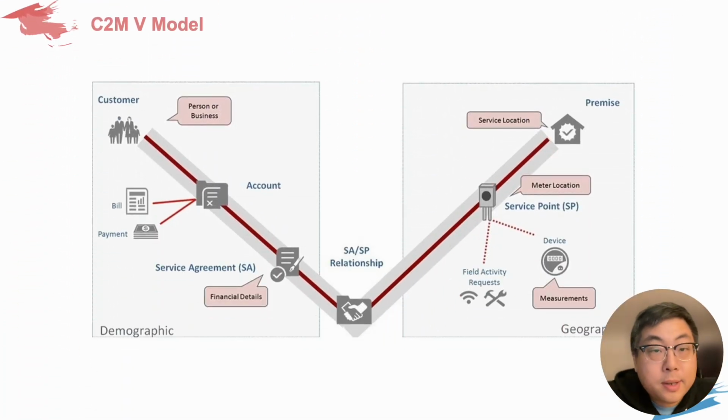Okay, so this is a snapshot taken from the C2M version of the V model. Let's talk through these objects in this V model. So let's start from the left, which is customer, left top customer. So customer represents an entity, which could be an actual person, or a business entity.